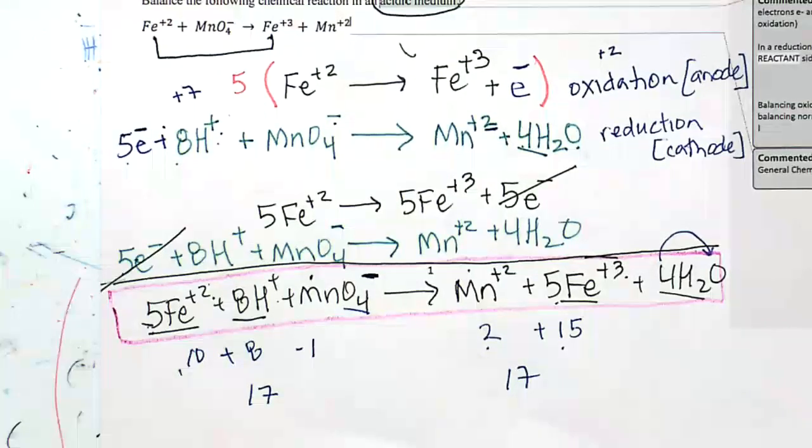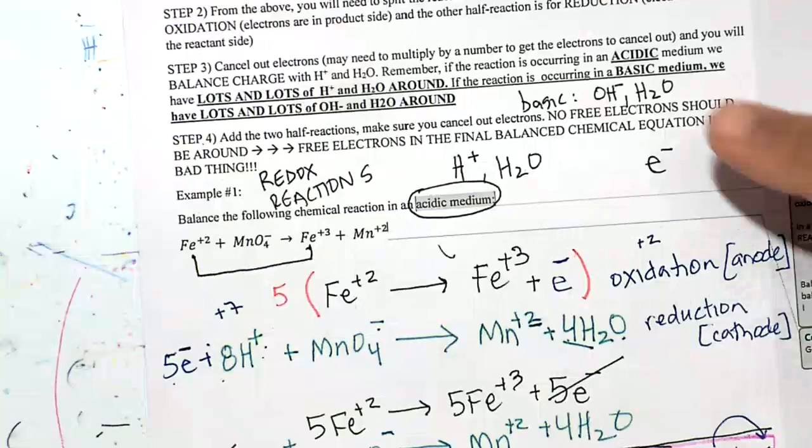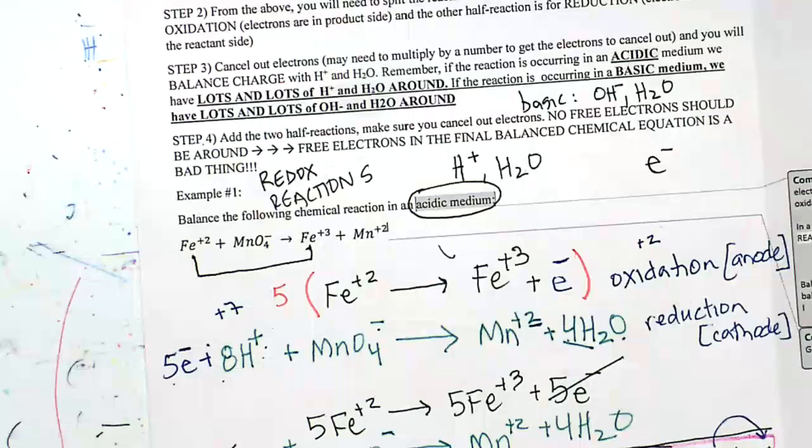So this is how you balance an oxidation reduction reaction. Split it up into its anode and cathode, its oxidation and reduction components. And if it's in base, you just add OH minus and water.